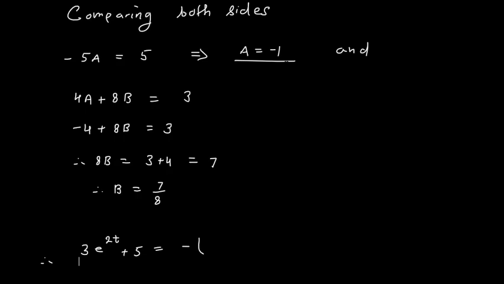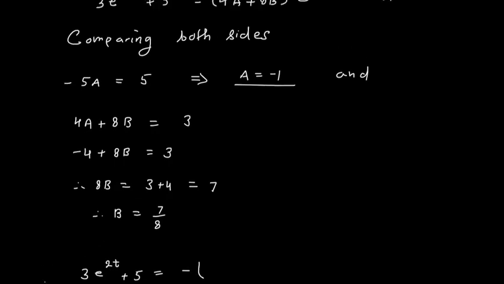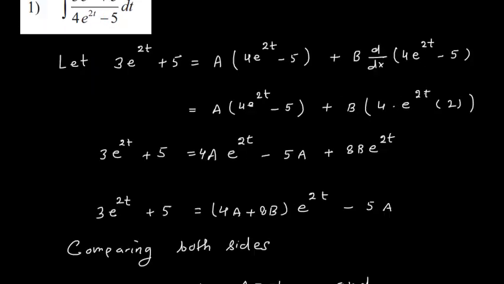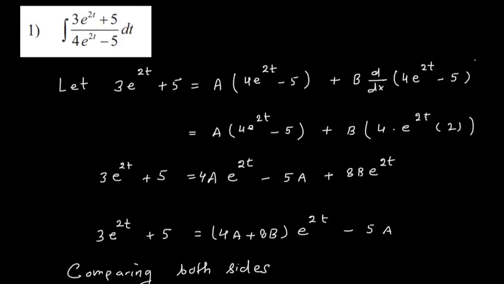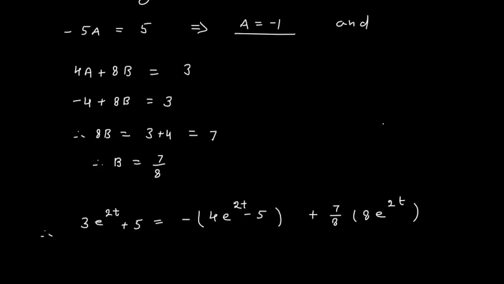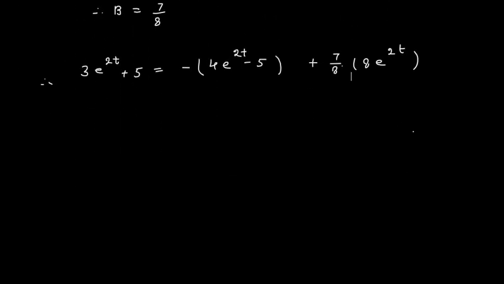times the denominator, which is 4 e^(2t) minus 5, plus b, so b is 7 divided by 8, times the derivative of this denominator, which is 8 into e^(2t). Okay, the derivative of 8b into e^(2t), so this 8 and this 8 will cancel.